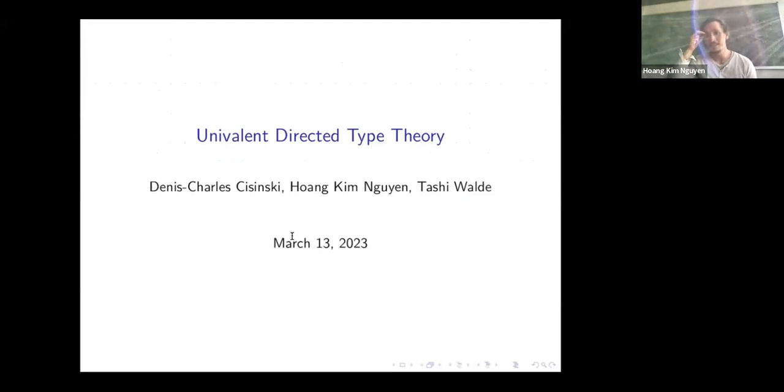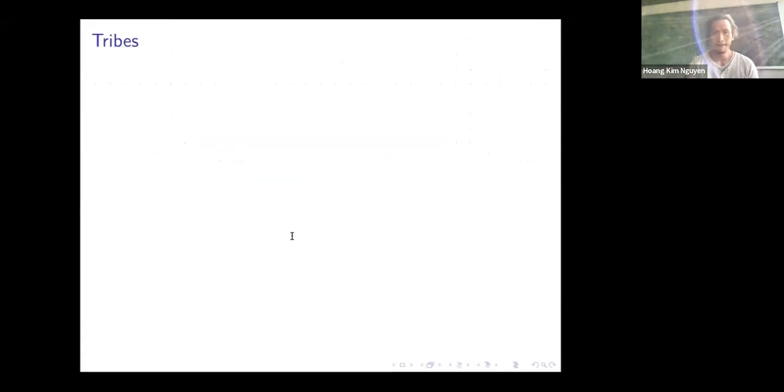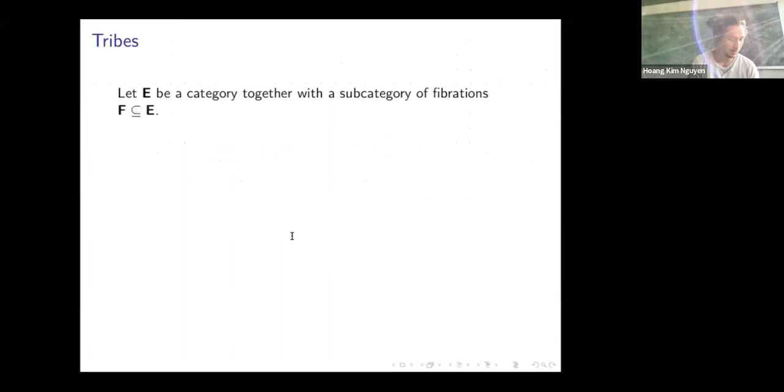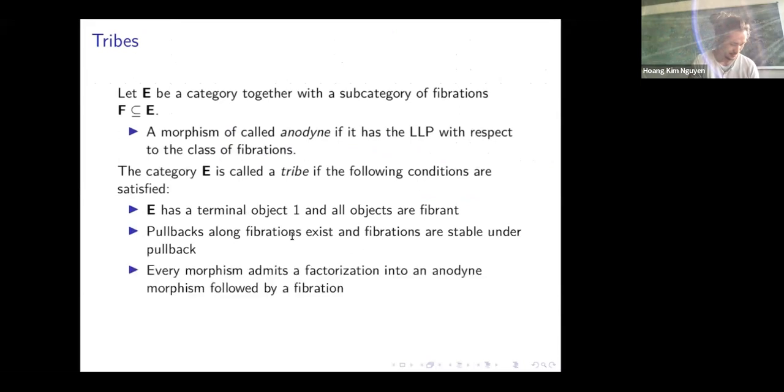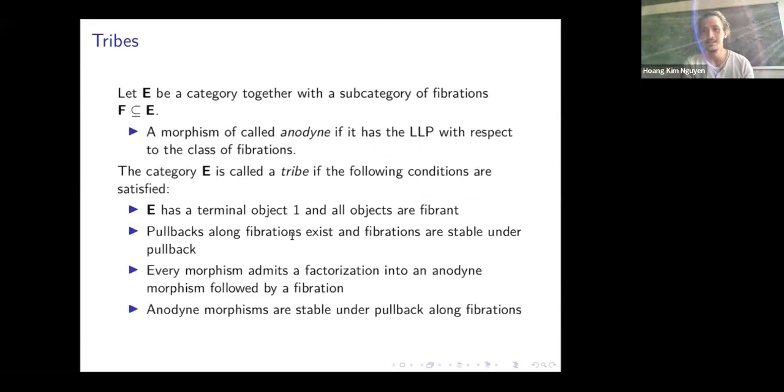I'll start with the axioms. Denis-Charles already talked about tribes, so let's skip this slide. This is just, again, an overview of the categorical setting that we're working in. In other words, from a type theoretic perspective, we start with the dependent type theory with sigma types and identity types.